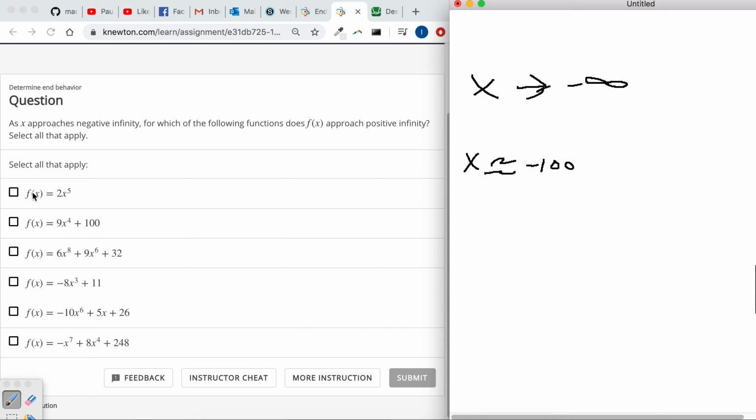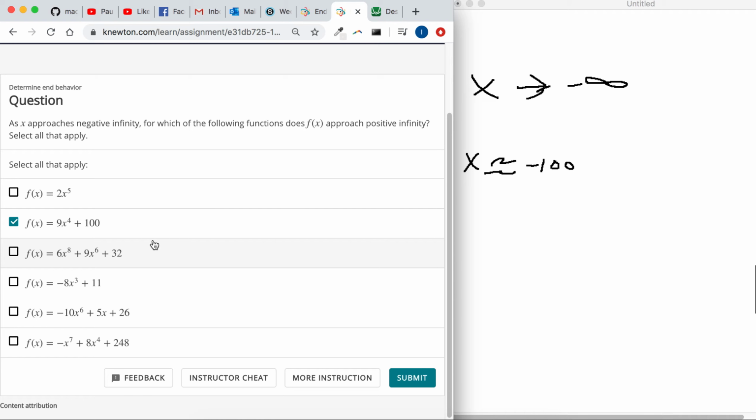So this won't go to positive infinity; this will go to negative infinity. But if you plug it in here, negative 100 to the 4th power gives you a really big positive number. A positive number times 9 is still positive. So this one goes to positive infinity as x goes off towards negative infinity.